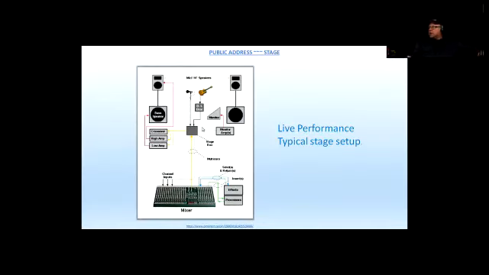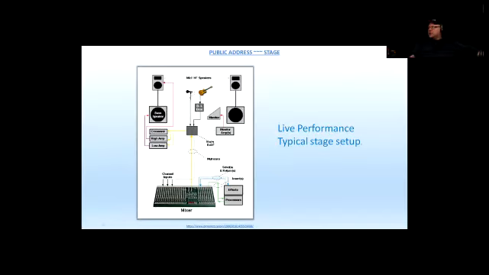We have the part that is considered to be on stage. We have the on stage equipment, and we have something called front of the house equipment. So here's the stage equipment, and here is the front of the house equipment.